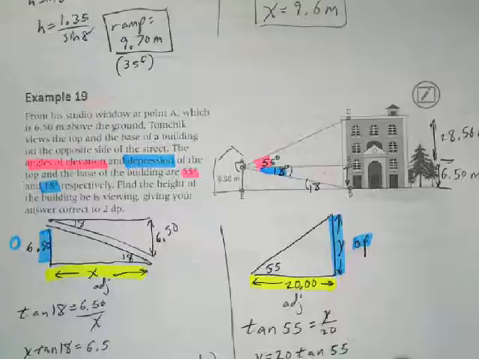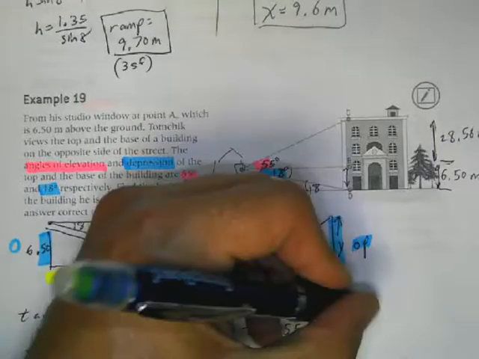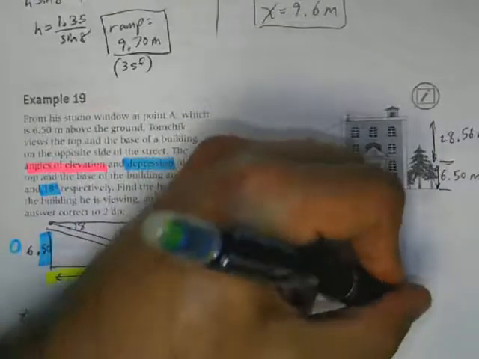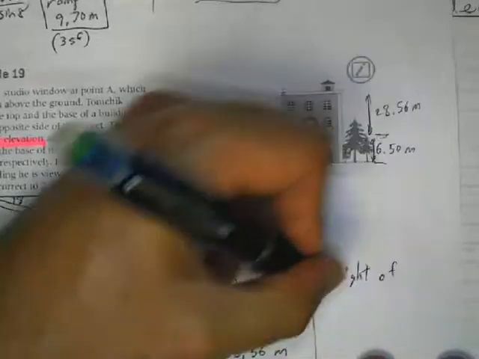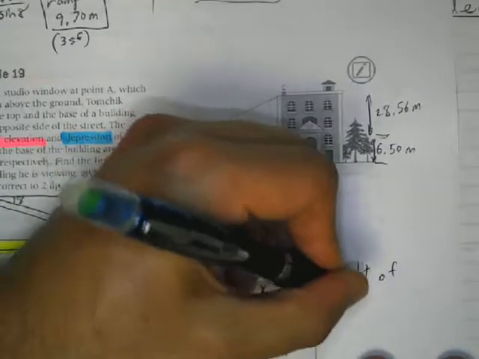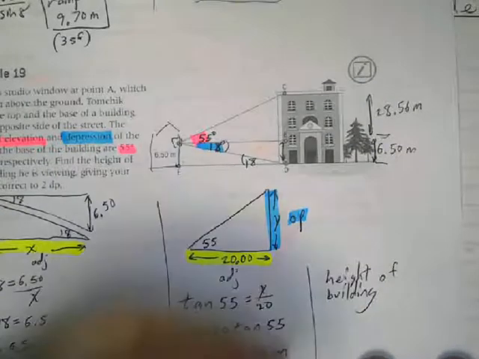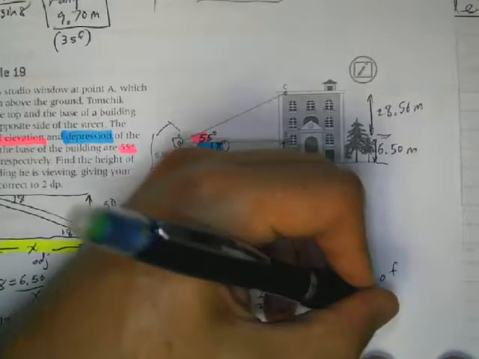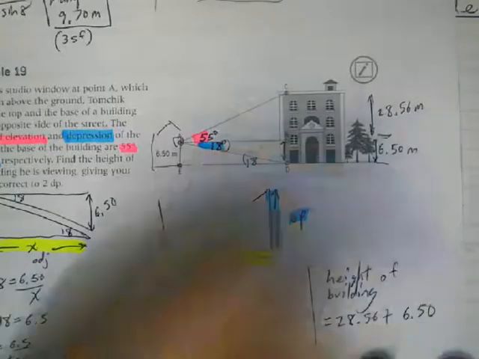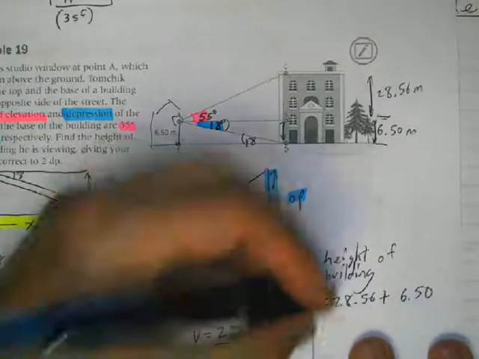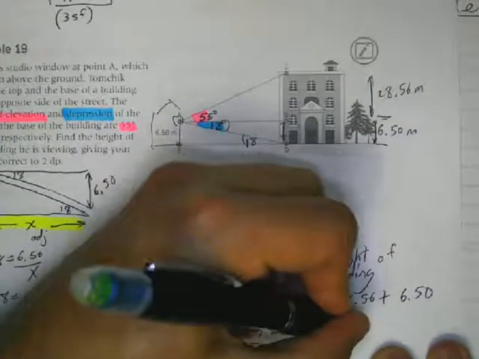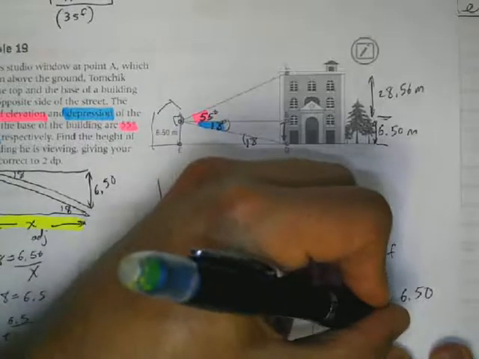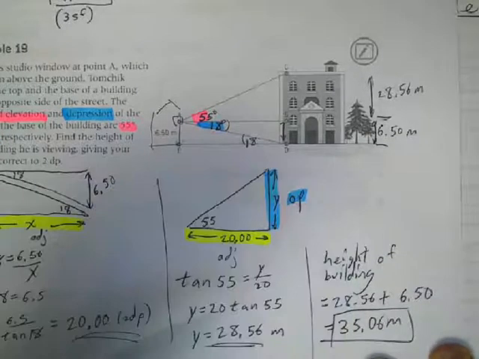And then you add those together, and your height of the building is equal to 28.56 plus 6.50, and we get 35.06 meters. Okay, next question.